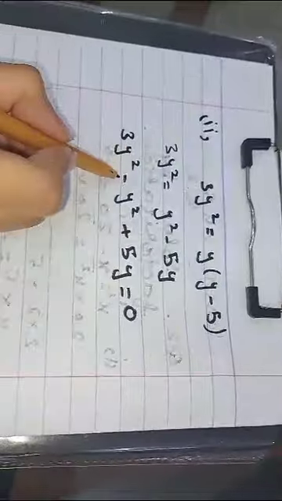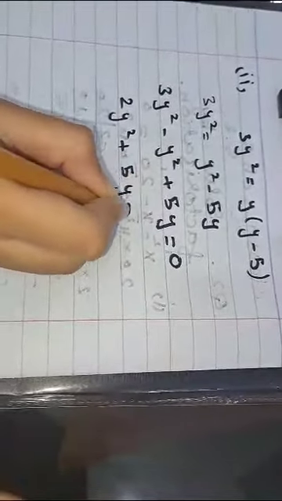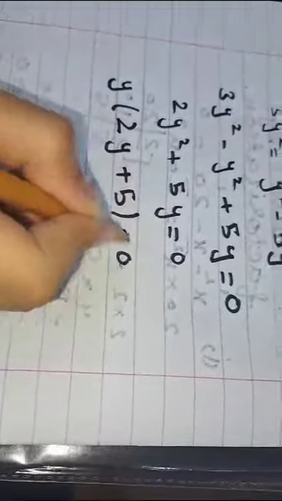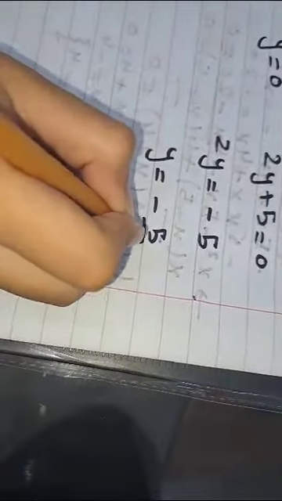This way 3y square minus y square will be 2y square plus 5y is equals to 0. Now you're going to take common. If you just see, y and y are common, so you can take it common, and remaining 2y plus 5 is equals to 0. Now what you will do, y is equals to 0 and 2y plus 5 is equals to 0. 2y is equals to minus 5, y is equals to minus 5 by 2.